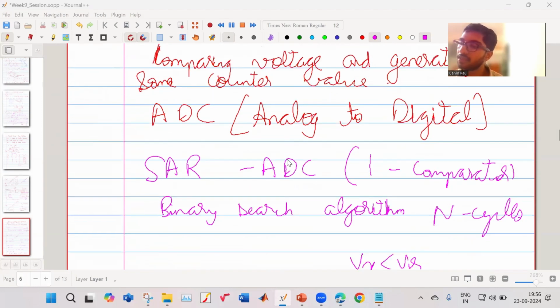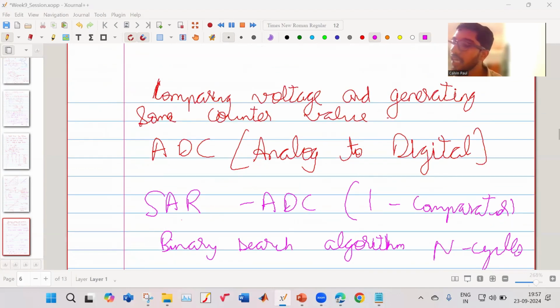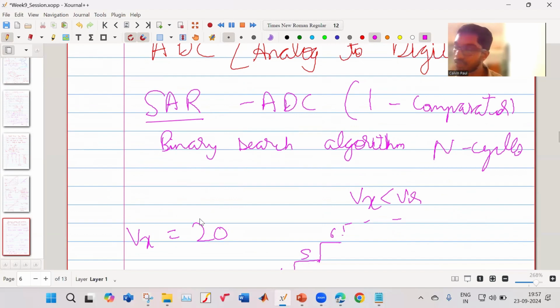This is a very crude way, and it takes a long time to get to the actual voltage which we need. But then we can use what is known as SAR ADC, which uses a binary search algorithm.